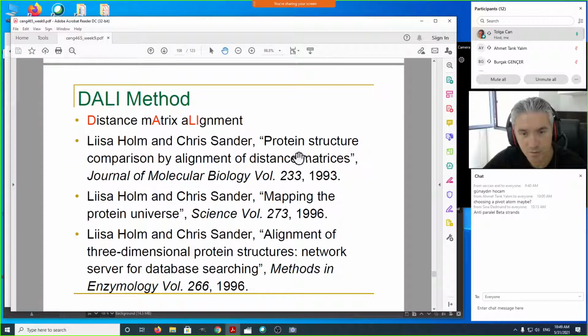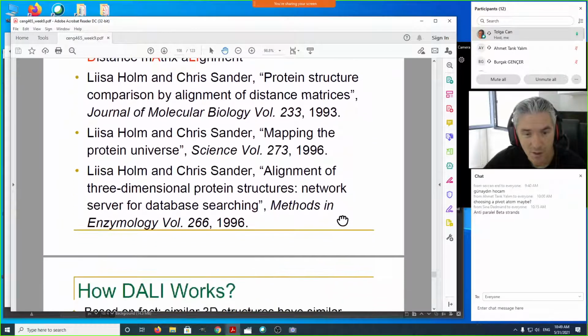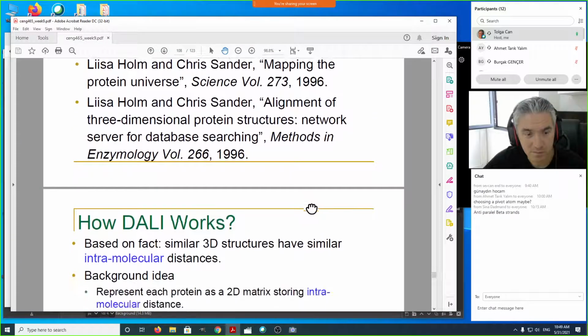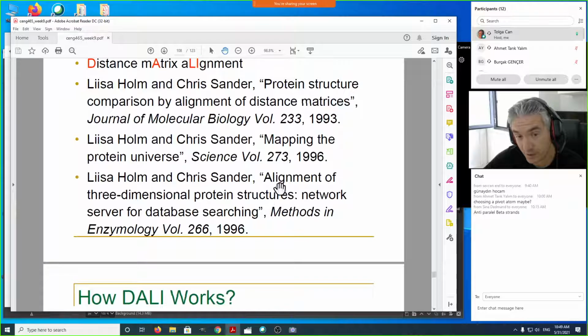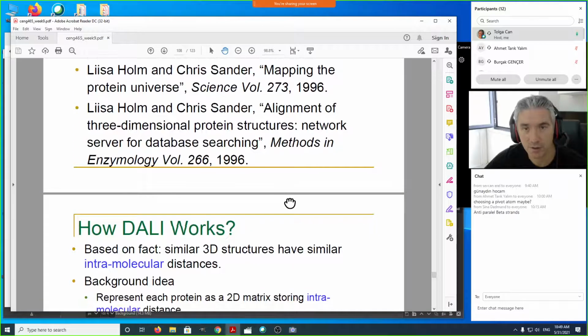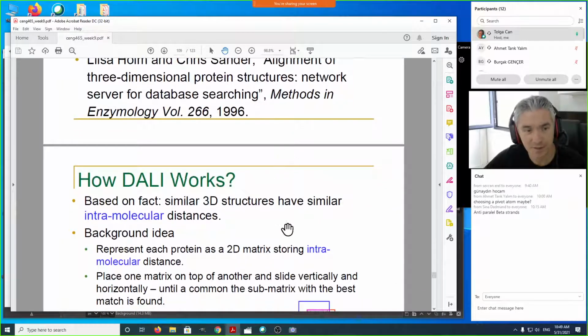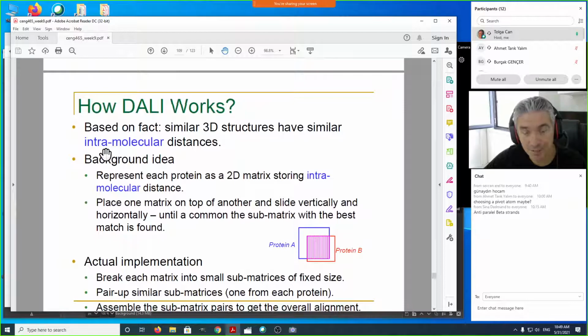And then, by using the method on all pairs of protein structures, they also wrote a paper in Science, mapping the protein universe. After that, they also talked about how they can provide a database search for those structural similarities. So it uses intramolecular distances.